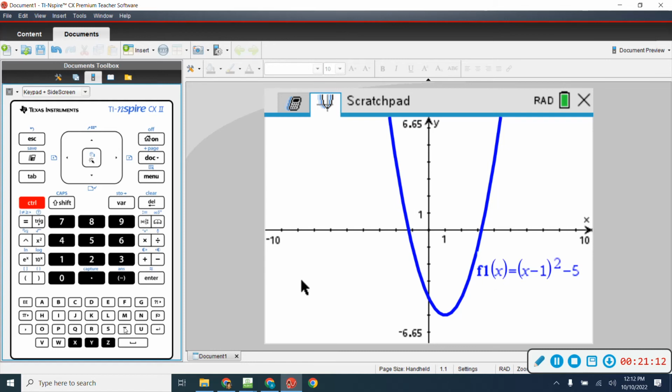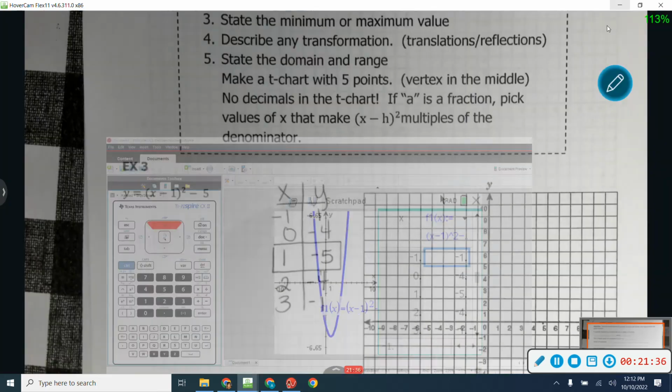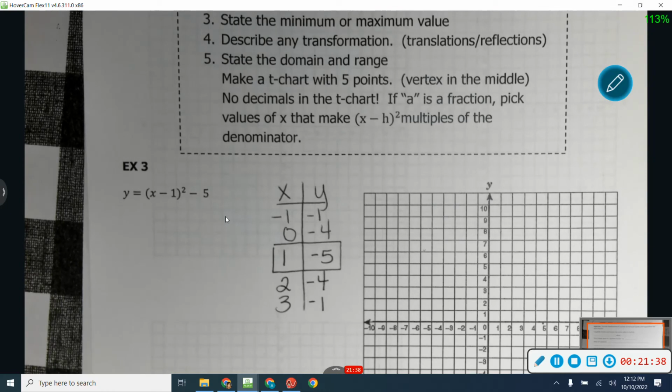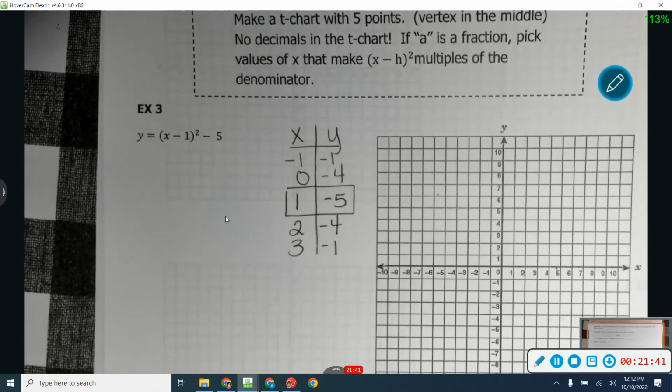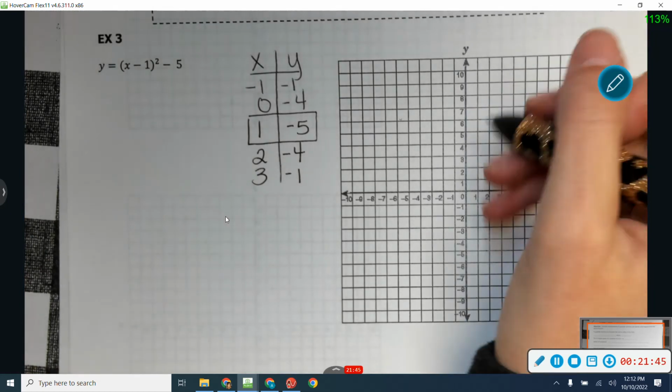So I'm going to go to my Control T, and I'm going to look at my points. Do I need to skip any x values? No. So I'm going to copy down 0, negative 4, and negative 1, negative 1, and 2, negative 4, and 3, negative 1. Okay. So then I'm going to plot those points and draw my parabola.